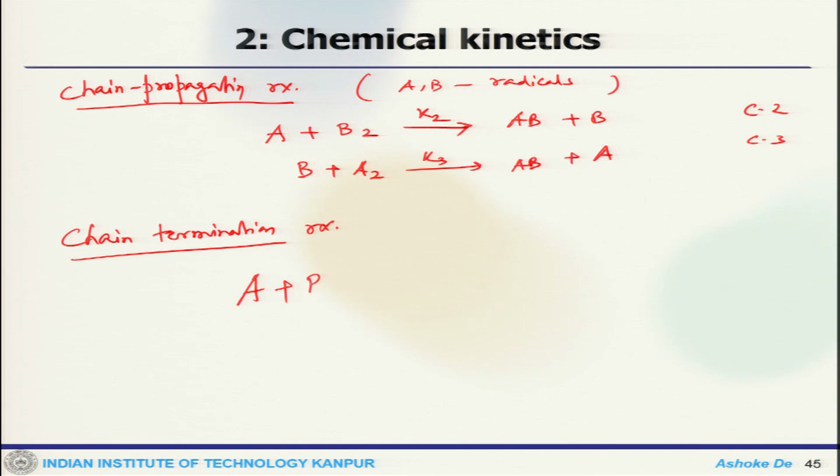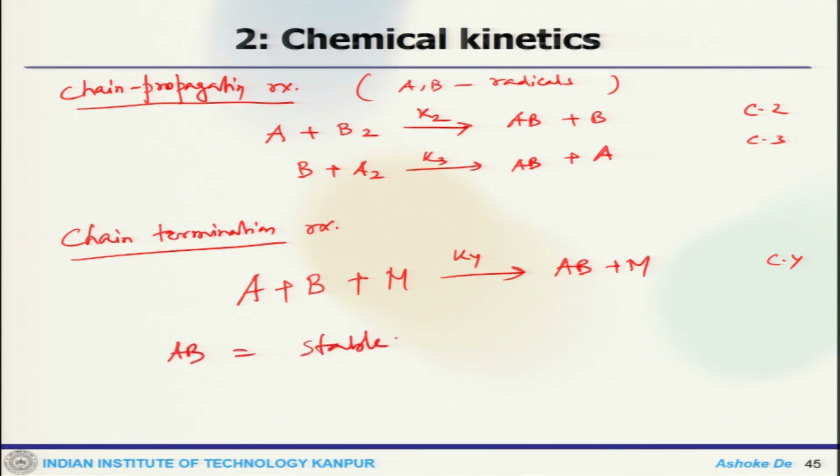So, for this particular reaction, you got A plus B plus M which goes to AB plus M, K4, where AB is a stable product.